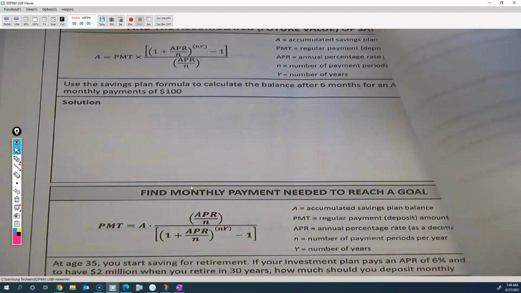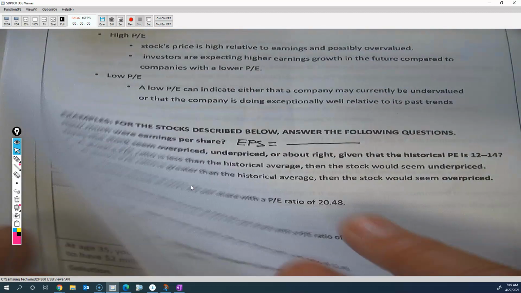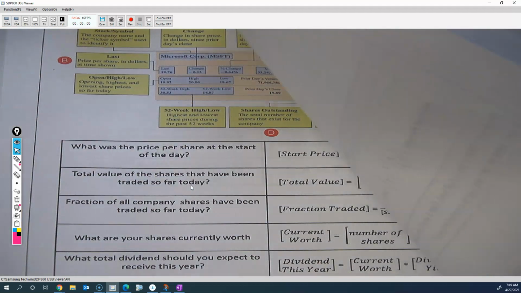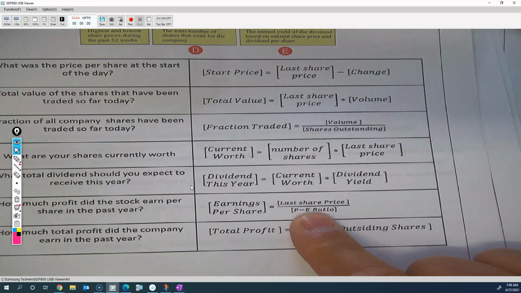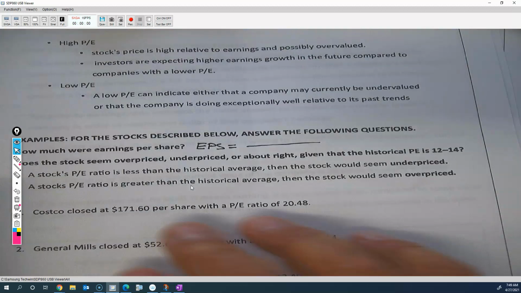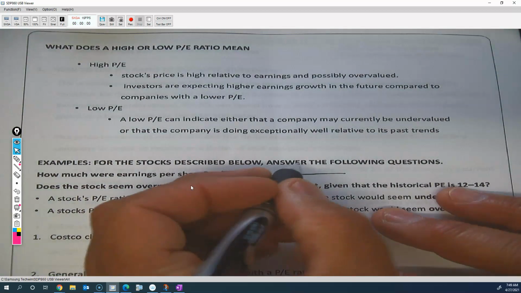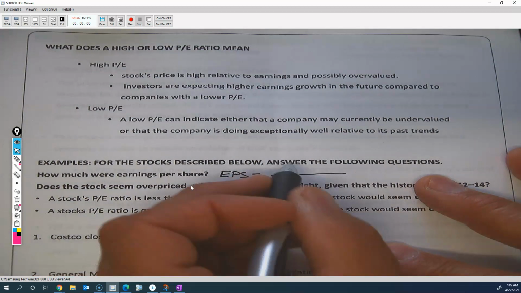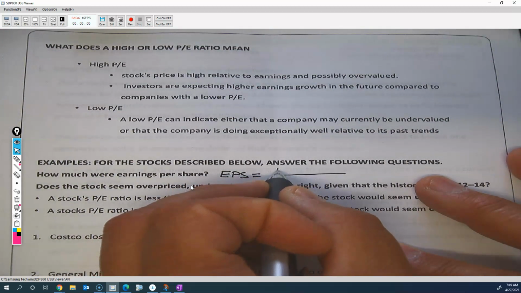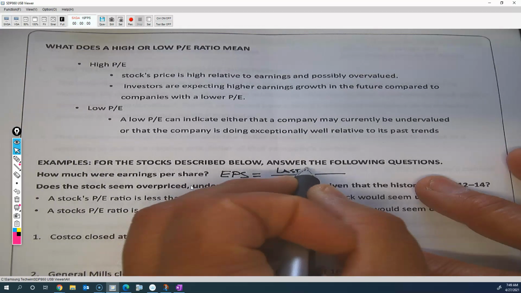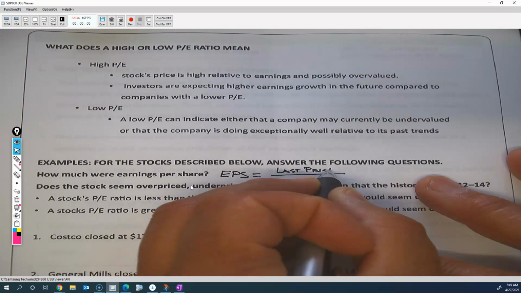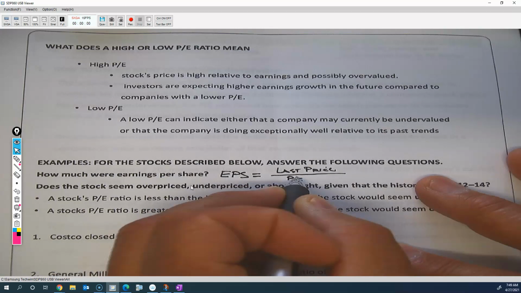We had a formula for that when we did the stuff on stocks. It was right here. This is our formula for earnings per share. You take the last share price and you divide it by the PE ratio. So for the earnings per share for Costco, we're going to take the latest price and we're going to divide it by its PE ratio.